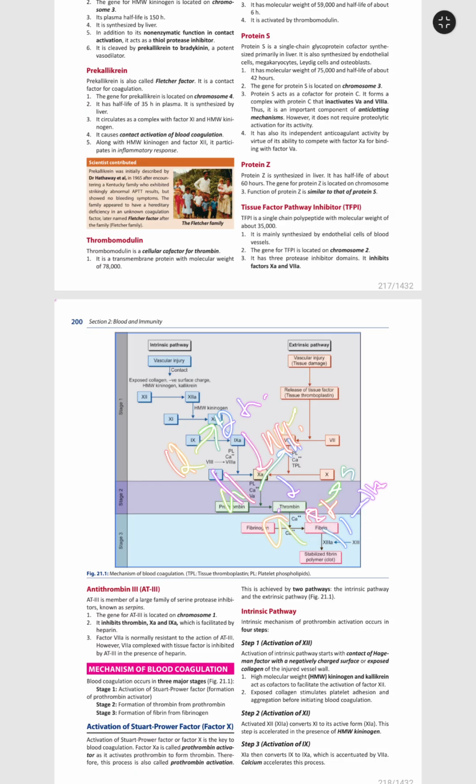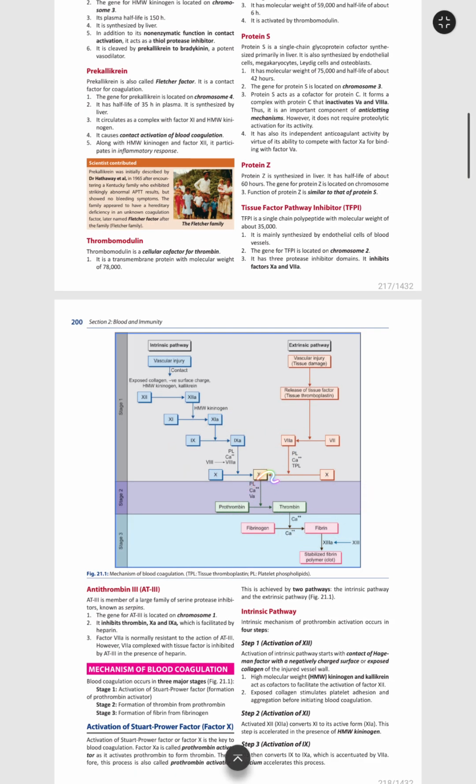Here 8th factor with phospholipid and calcium, then prothrombin to thrombin, and fibrinogen to fibrin, and stabilizing fibrin polymer. Clot is formed.